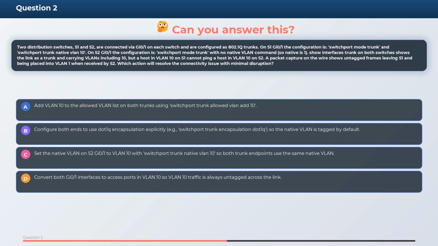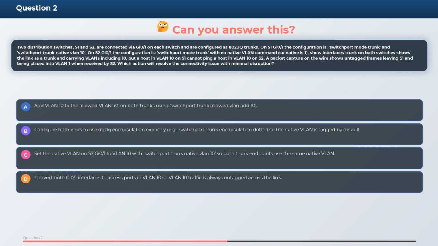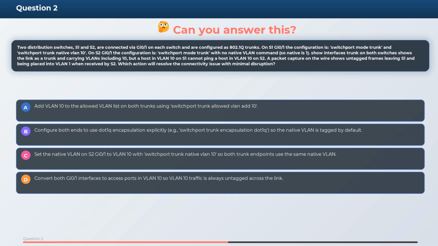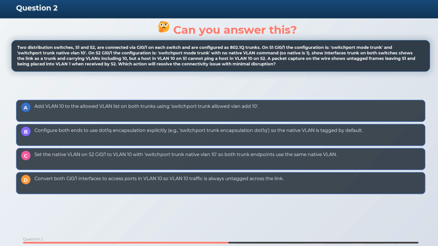Question 2. Two distribution switches, S1 and S2, are connected via Gi0/1 on each switch and are configured as 802.1Q trunks. On S1 Gi0/1, the configuration is switchport mode trunk and switchport trunk native VLAN 10. On S2 Gi0/1, the configuration is switchport mode trunk with no native VLAN command, so native is 1.